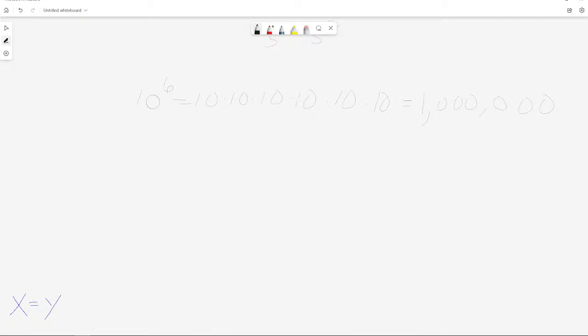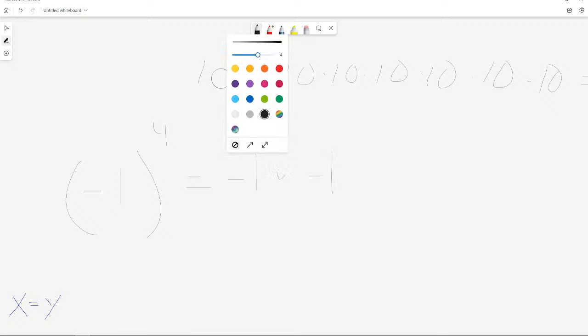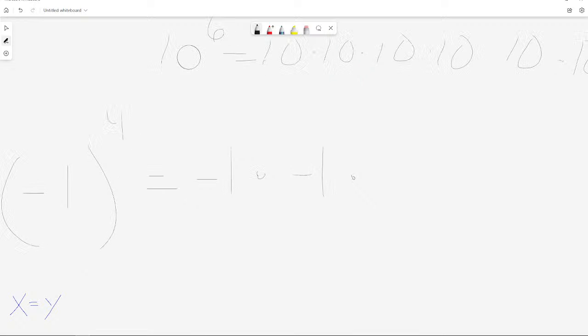So if you have negative 1 to the 4th, what's going to happen here? You have negative 1 times negative 1 times negative 1 times negative 1.